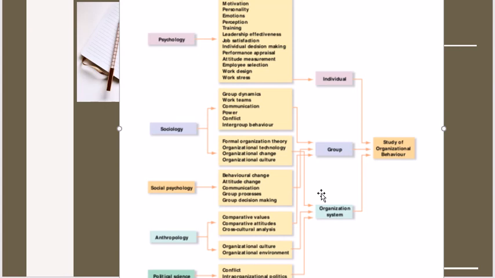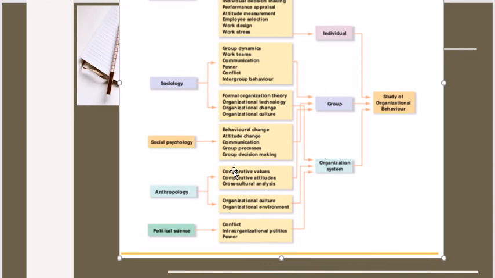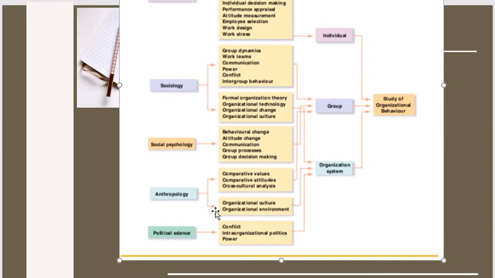Then we have social psychology. Social psychology covers behavior change, attitude change, communication, group processes, and group decision making, which focus on group analysis. Then we have anthropology, which has two levels of analysis.